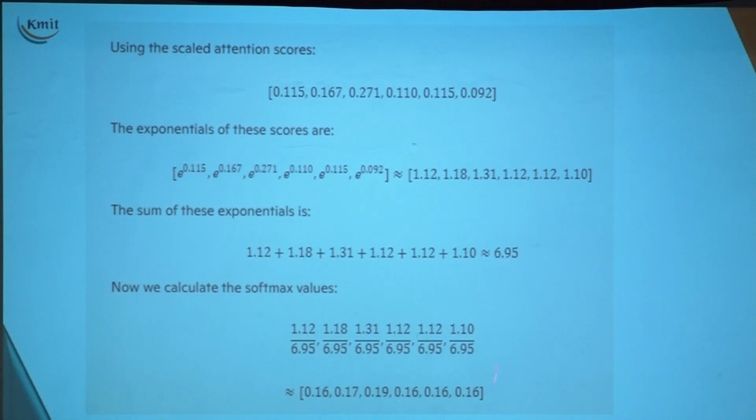What is the next best attention weight that you have got? 0.19. What is it for? Sat. So the very next attention should go on sat, but not mat. Clear enough? So that's how the attention mechanism works, telling where to go as your next word. Need not go sequentially. Clear?